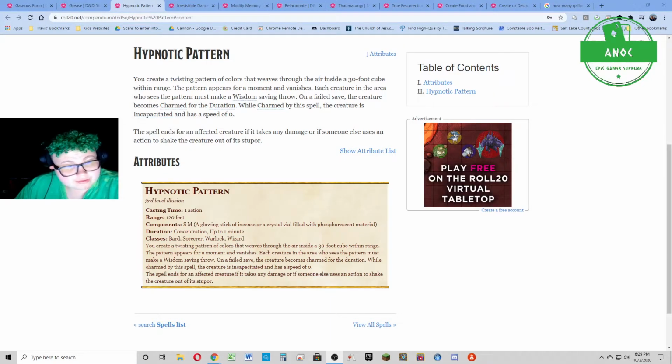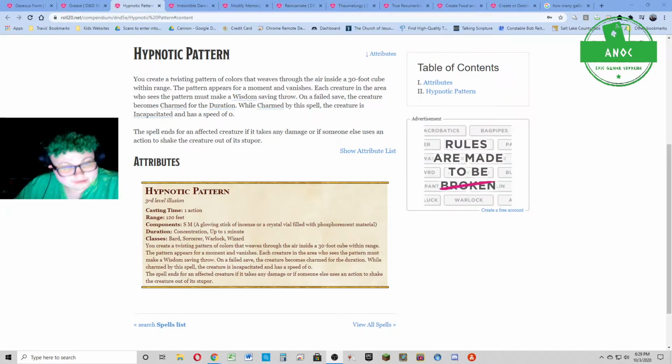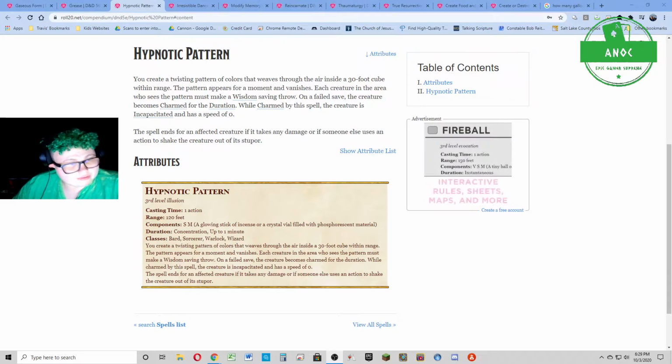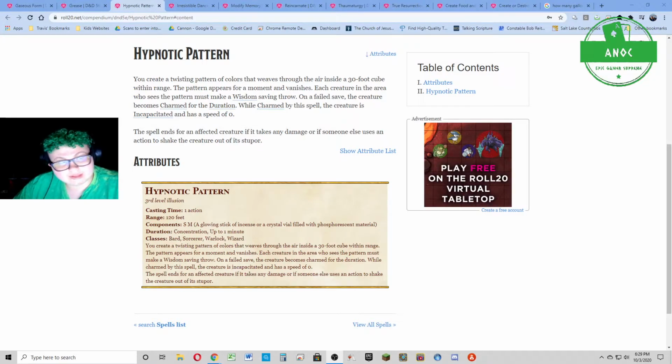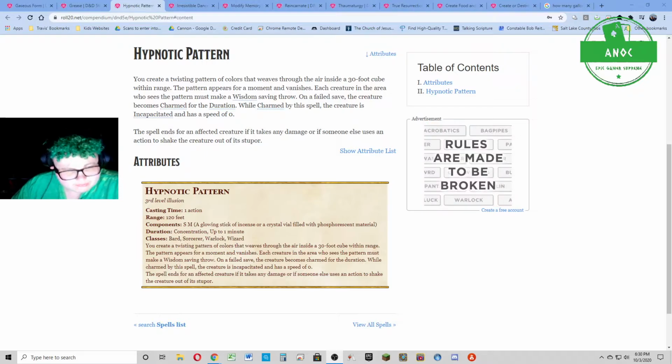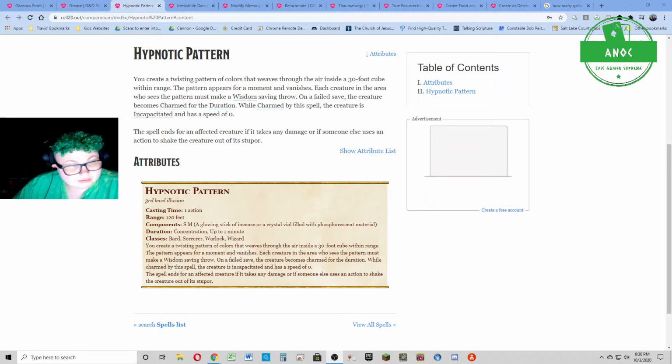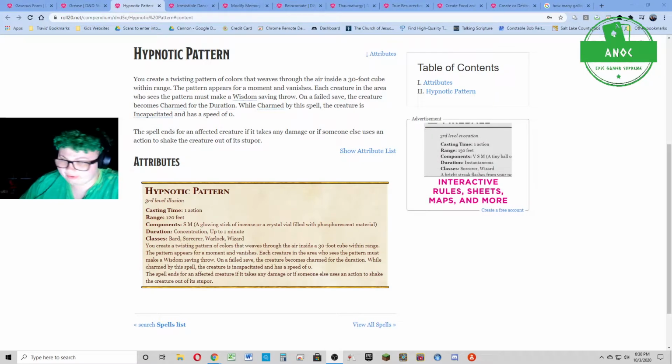Each creature in the area who sees the pattern must make a wisdom saving throw. On a failed save, the creature becomes charmed for the duration. While charmed by the spell, the creature is incapacitated and has a speed of 0. The spell ends for an affected creature if it takes any damage or if someone else uses an action to shake the creature out of its stupor.